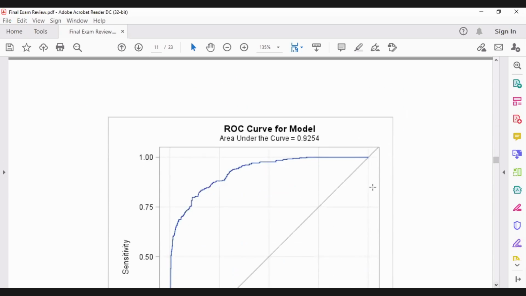The ROC curve, now let's compare the two models. The area under the ROC curve is equal to 0.9254.